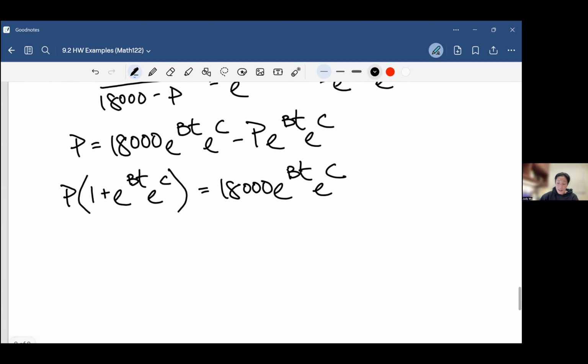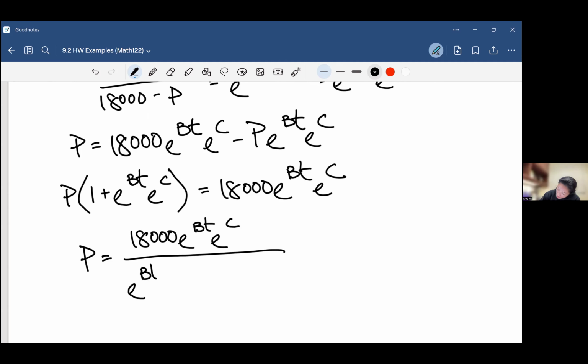All right. Now, to get P all by itself, I'm going to divide both sides by the thing that it's multiplied by. P equals 18,000 e to the bt e to the c over e to the bt e to the c plus 1.